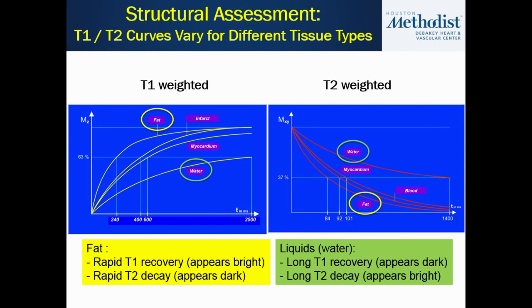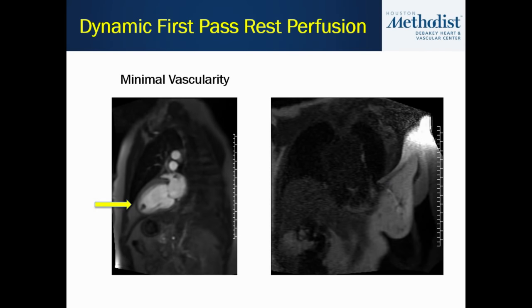Whereas another substance, such as liquid, here represented with the green line, has a long T1 recovery, so in T1 images it will appear dark, and has a very long T2 decay as well, and therefore will appear bright in T2 imaging. So these are two probes that we can use to help us figure out whether something is fat or liquid.